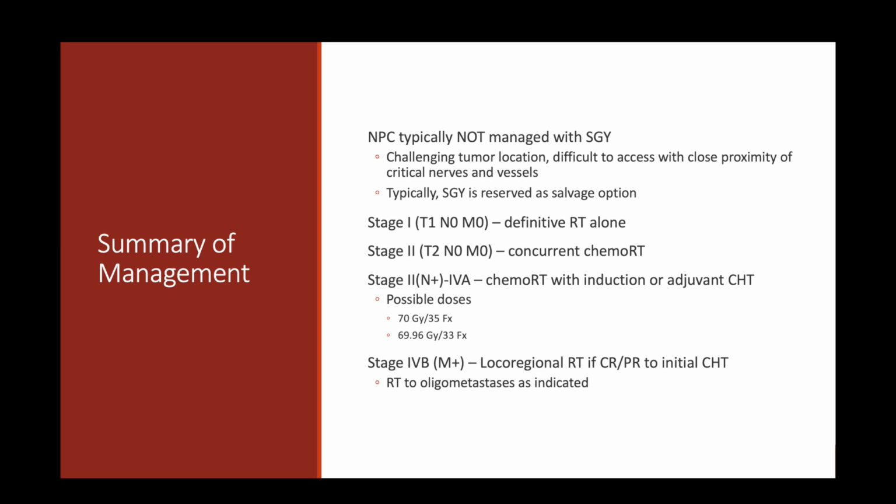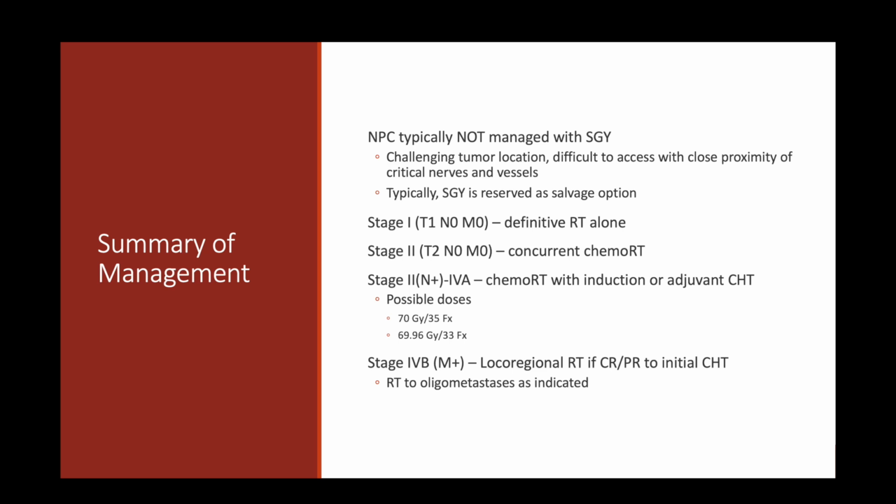And then another unique thing about treating nasopharyngeal cancer is that when we have metastatic patients, so if you have a stage 4B tumor with positive metastases, we actually think about adding local regional radiation if patients have a good response to their initial chemotherapy.